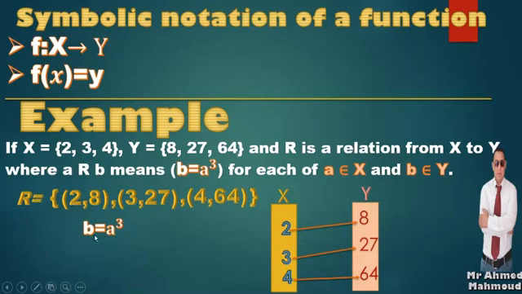We said before that any ordered pair represents two projections, the first is x and the second is y. Then in this lesson we are going to replace b with y and a with x to be like this: y equal x power of 3. In place of b equal a power of 3, we write y equal x power of 3.